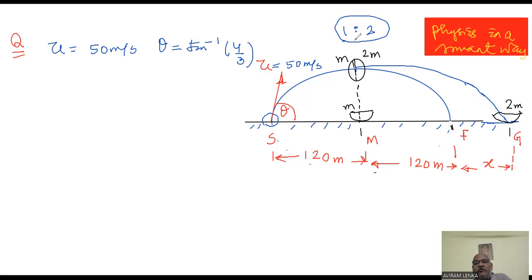At the highest point of its trajectory, the stone breaks into two pieces in the mass ratio 1:2, and the smaller fragment loses all its speed and drops down vertically straight, hitting the ground. So where will the other piece land, how far away from the point of projection will the other piece land?